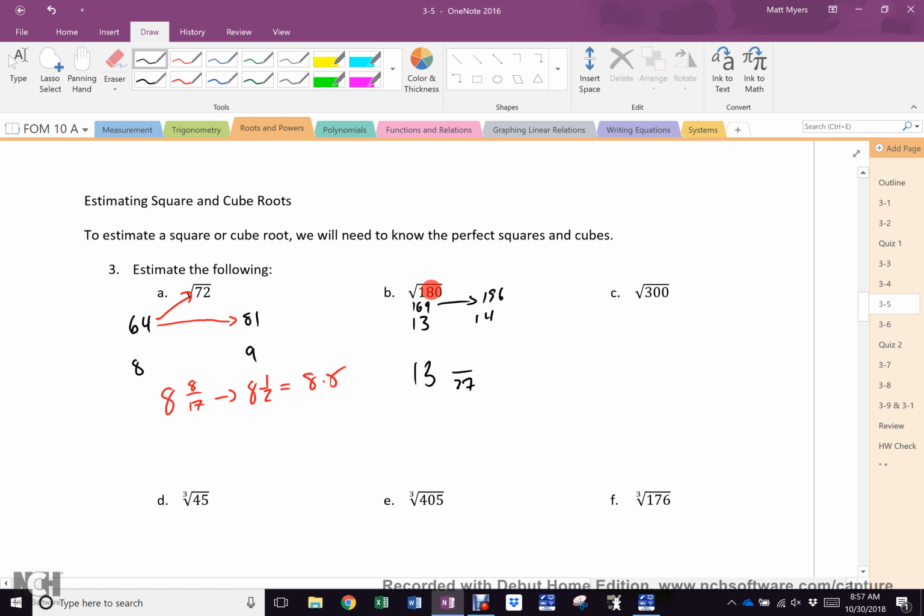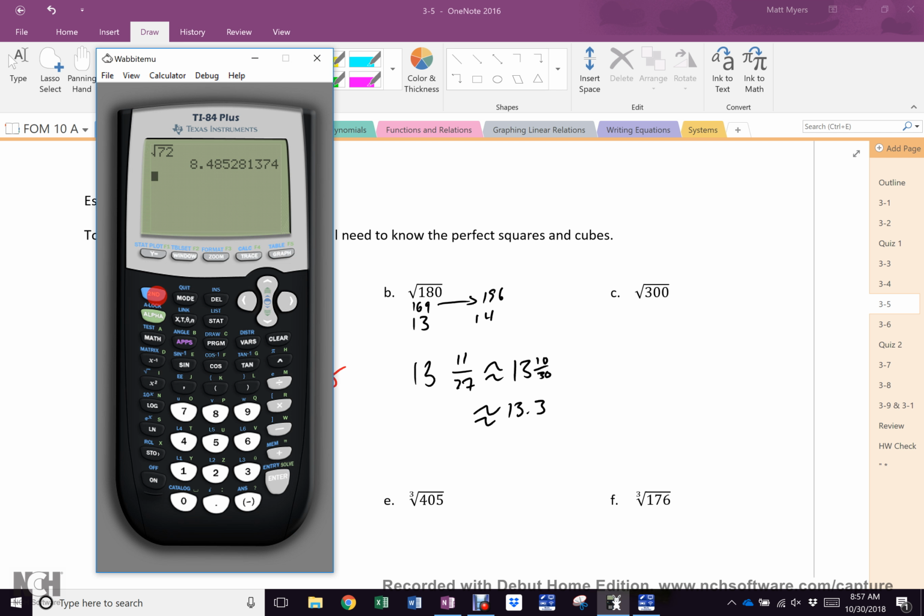And how far did I go? 11 out of 27. Pretty close to 10 out of 30, isn't it? Pretty close to 13 and 10/30ths, which is pretty close to 13.3, yeah? 13.4. Everybody see how to do it?